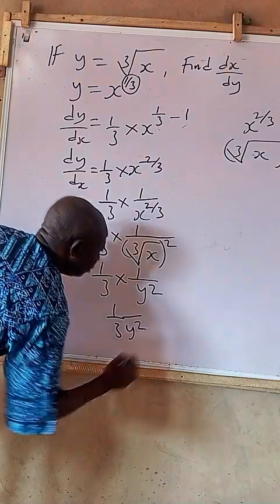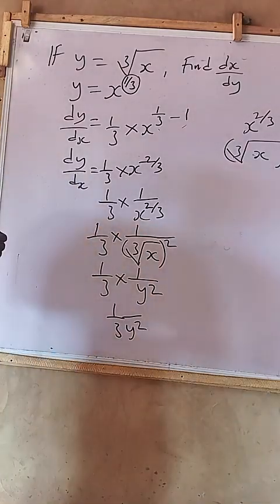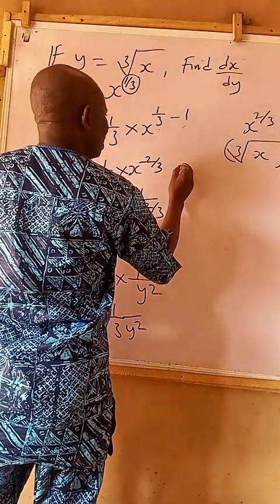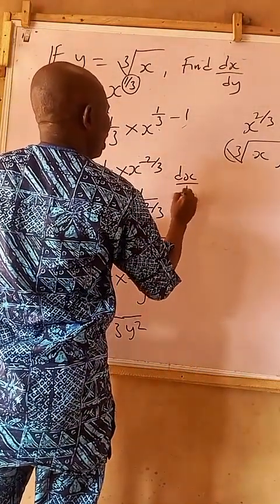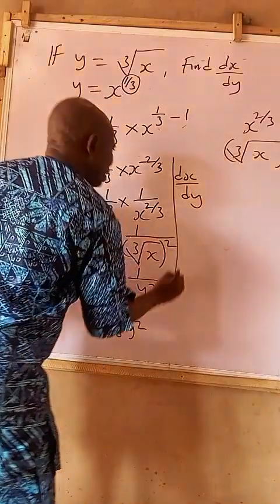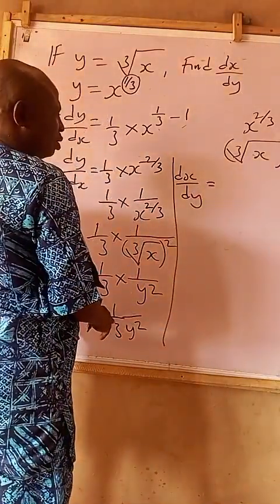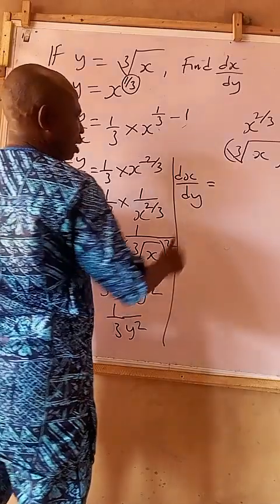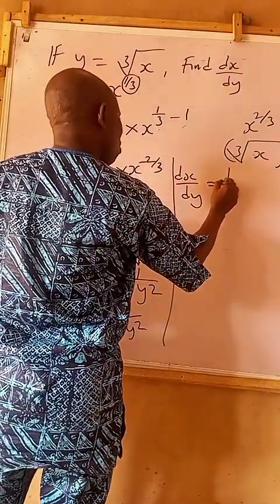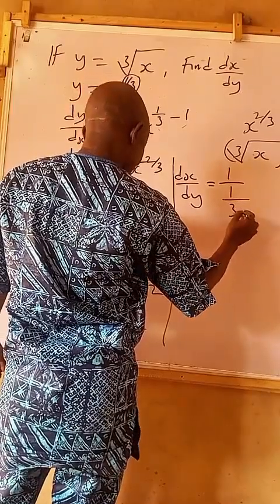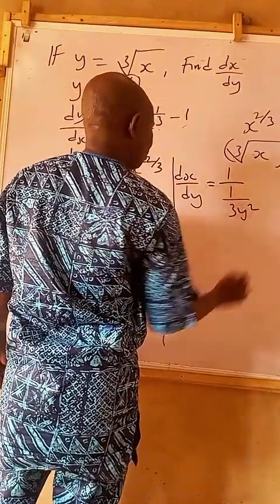y squared. Now this is our dy/dx, but our dx/dy will now be equal to the inverse of this, which means 1 over 3 y squared.